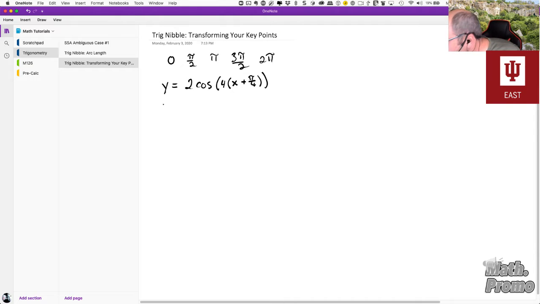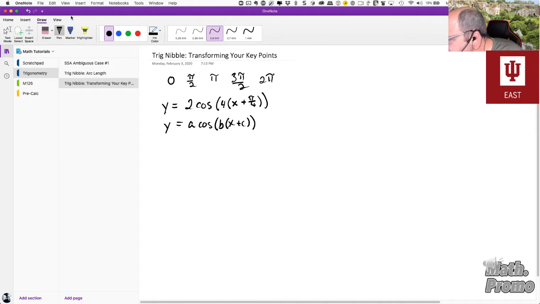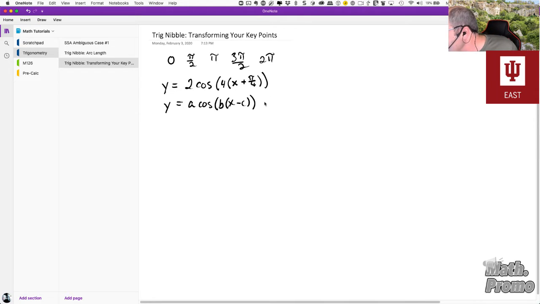In this case, your standard equation would be y equals a cosine of b times x minus c, plus d.